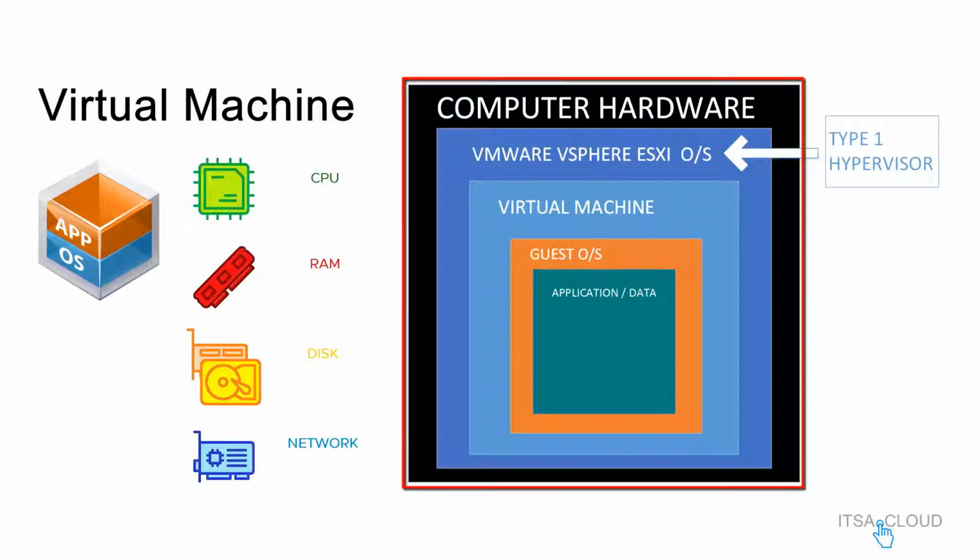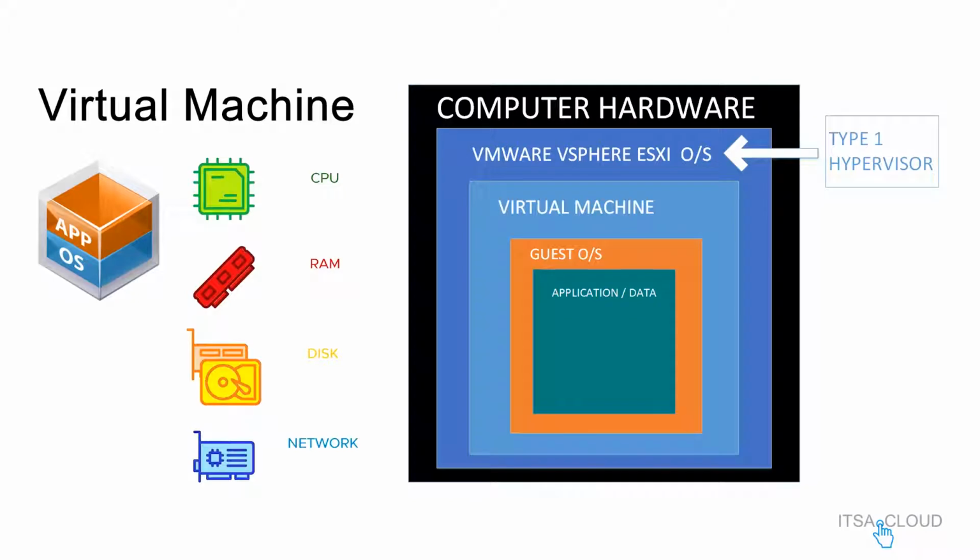That can be any device, a server, a workstation. If you are working in a lab, you can even use a laptop computer. Then in that computer hardware, you are going to run the operating system, which is the VMware vSphere ESXi hypervisor.